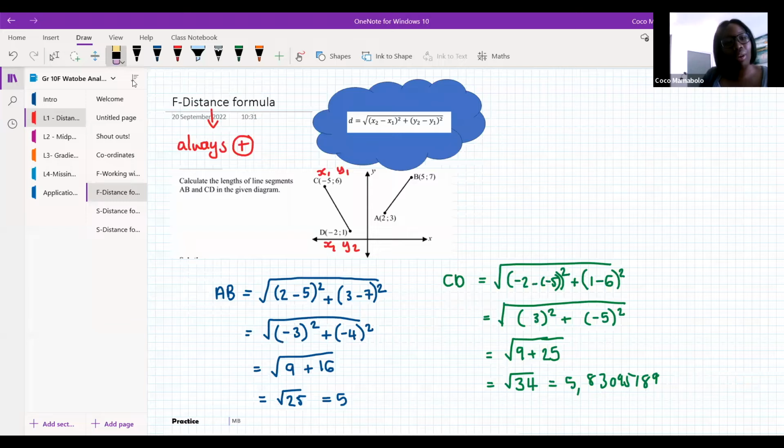You don't want to round off unless they ask you for an answer in decimals, like round off to 2 decimal places. So if they don't ask you to round off, please leave it as the square root of 34, because that's as accurate an answer as possible. But if they do ask you to round it off to 2 decimal places or 1 decimal place, then you can definitely do that. I hope that's understandable.